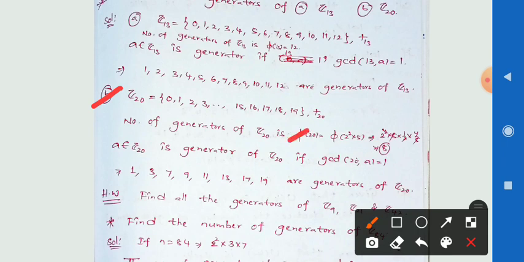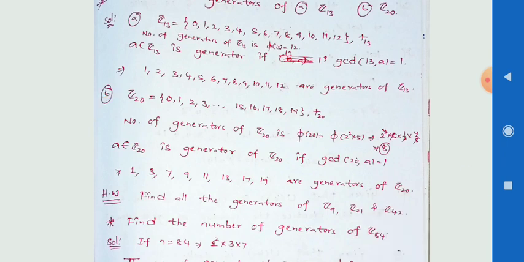Phi of 20 can be written in the form of prime factors: 20 is 2 squared into 5. By the Euler function, we can write 20 times (1 minus 1 by 2) times (1 minus 1 by 5).